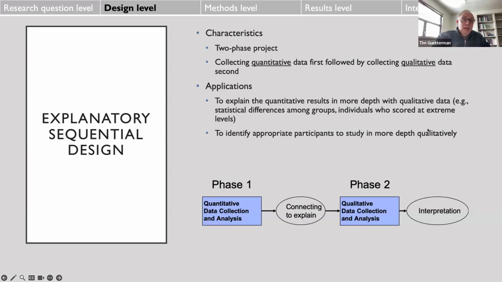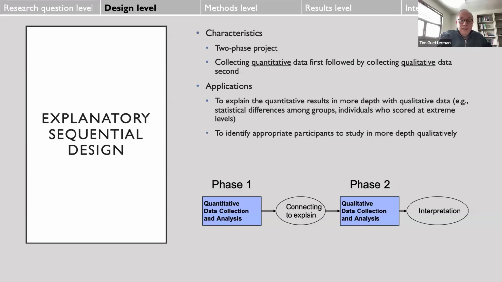So maybe you want to explain variation in scores. What distinguishes people who did really well in this curriculum versus people who did not do so well? Or what explains the difference among individuals who have their blood pressure under control versus those who do not?